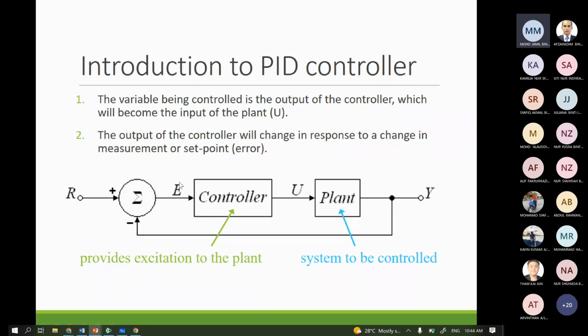So if you have an error E, which is obtained from this summing junction, the controller will adjust the value of E so that it produces an output U for the plant. The plant is the system that you want to control, and the controller basically evaluates the measurement error and does something: either reduce the error, or in case you want to increase the error, you can do that as well using the controller.